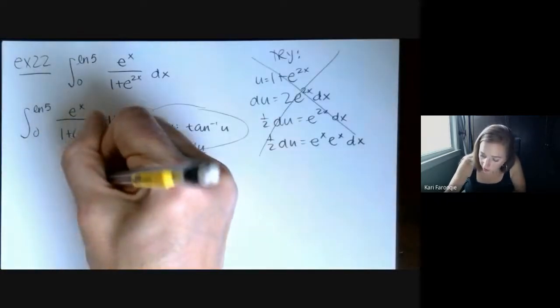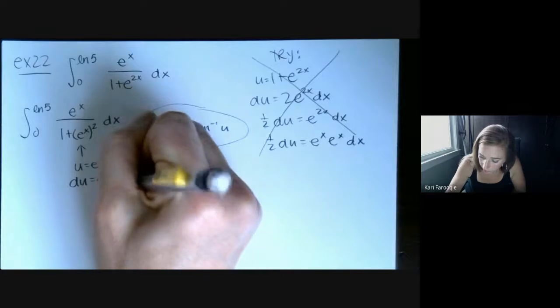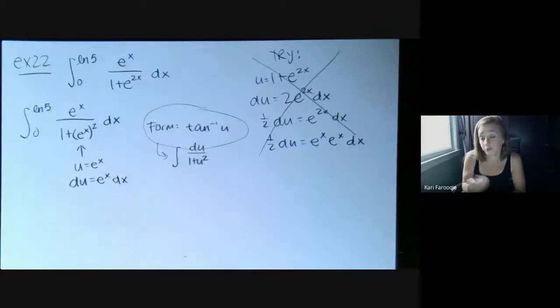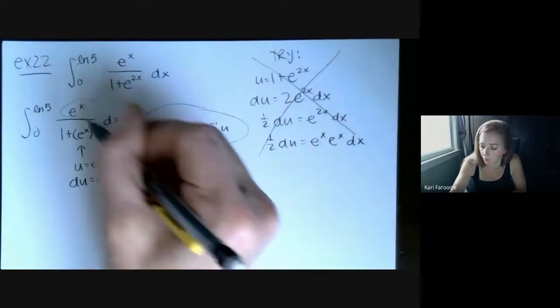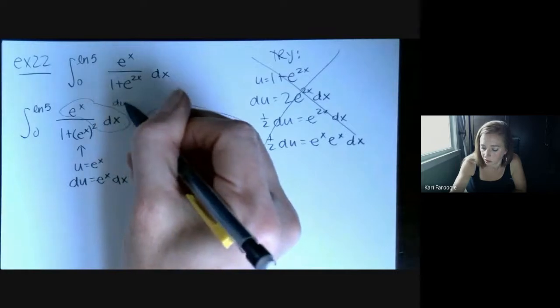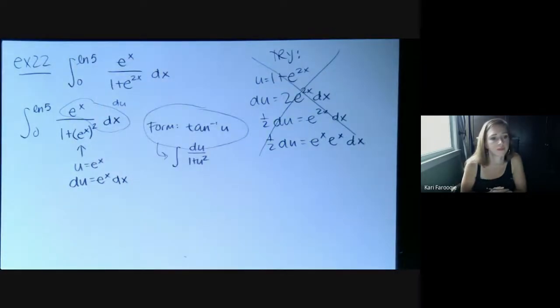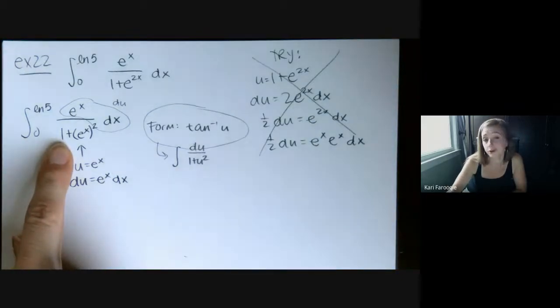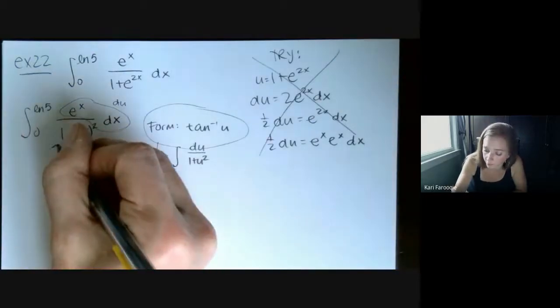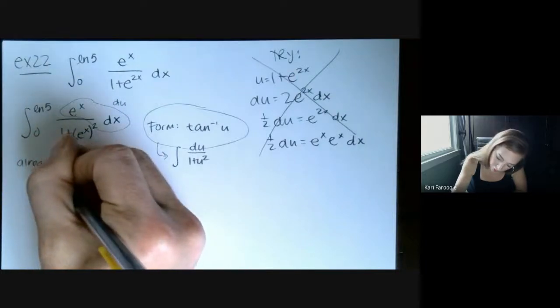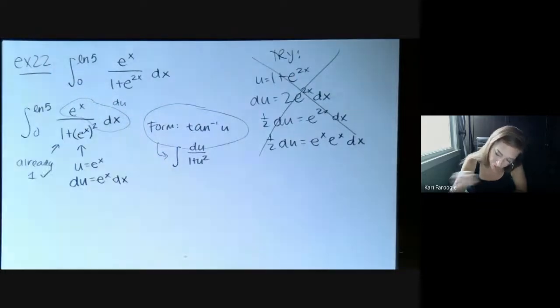The nice thing here is du is e to the x dx. You have that also. This will be your du. And then normally we would take this constant and make it a 1. It already is a 1. Already 1. Check. Perfect. That's great news for us.